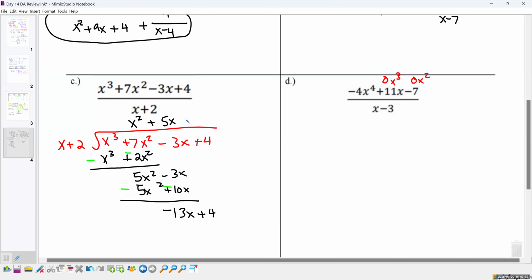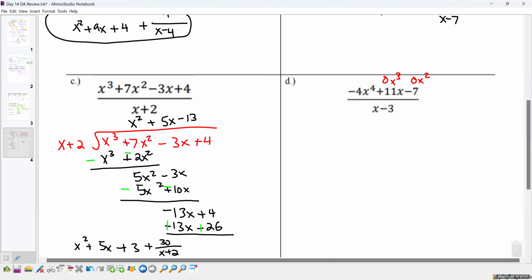Yeah, it looks good. When I get a number like 13, I'm like, I'm sure that's 13, but no, it is. So now 13 is going to be 13x minus 26. Subtract. And that's a 30. I checked my arithmetic. That's just a bigger remainder. That's okay. You can have a big remainder. Plus 5x minus 13 plus 30 divided by x plus 2.